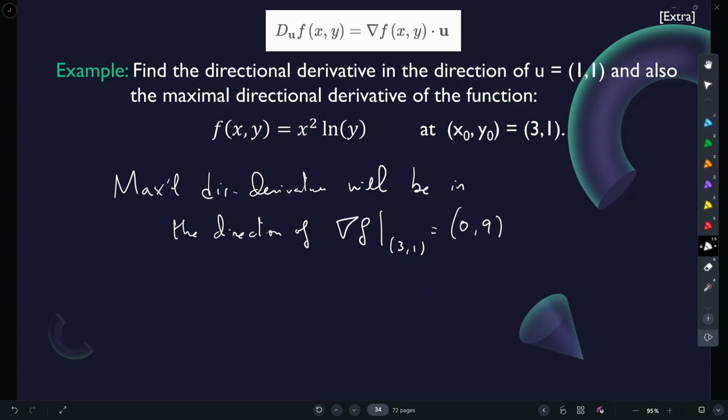That vector is not of unit length, but the unit vector in that direction will be 0, 1. Okay, so now I want to see what happens in that direction. In that direction, the derivative will be the gradient vector dot that direction, which in this case is 9.